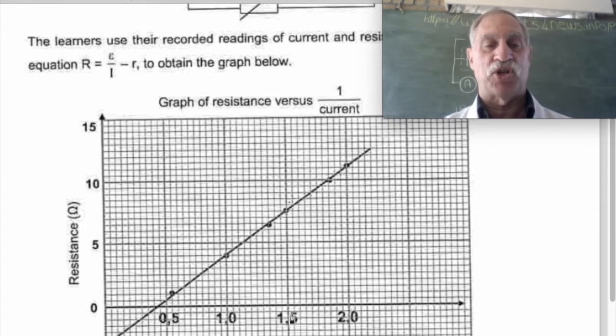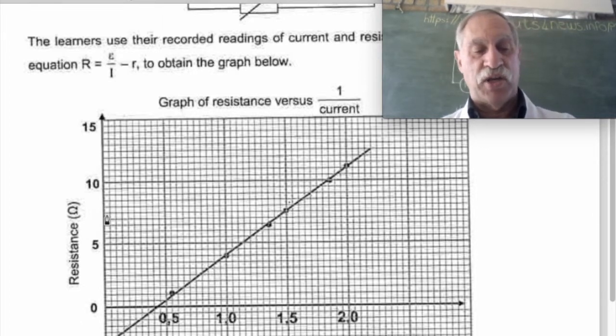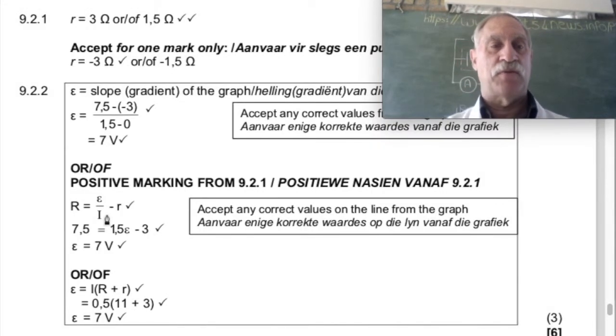Let's choose, for example, this 1.5 as our 1 upon I value, and let's go along to halfway between 5 and 10, 7.5. So let's use that plot and that formula. 1 upon I is 1.5 and resistance is 7.5.